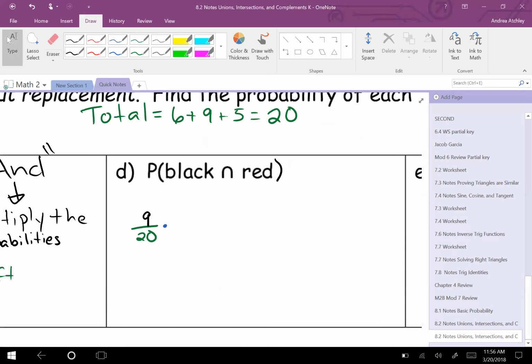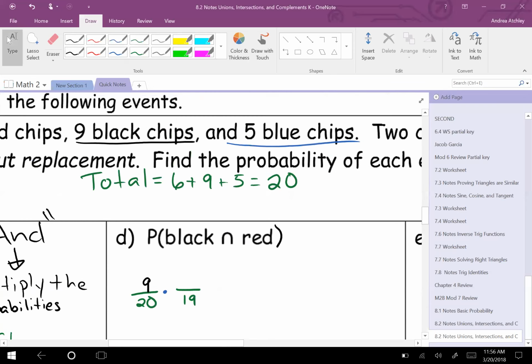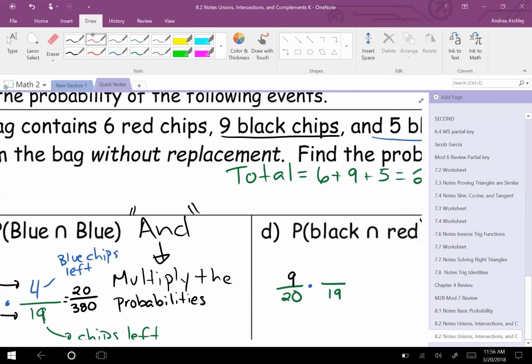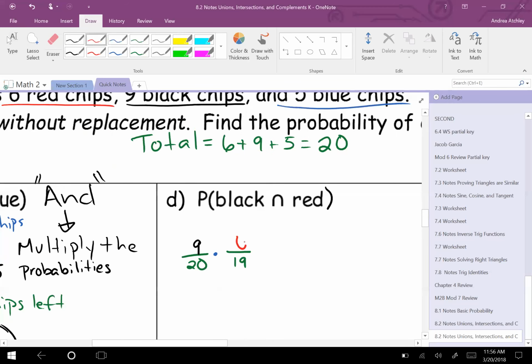No, how many total chips do I have left? 19. Okay. And then how many red ones do I have left? That was black chips. There was 9 black chips, so I have 8 black chips left. But how many red chips do I have? 6. I haven't pulled any red chips yet, so I still have 6 of them in there.